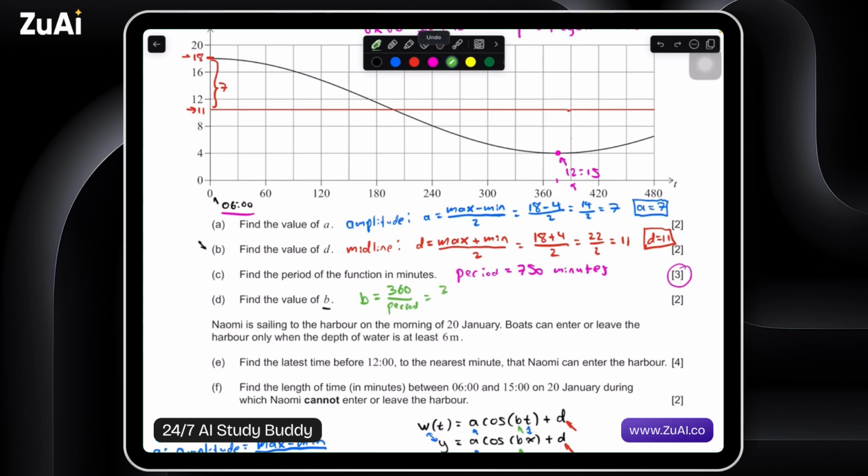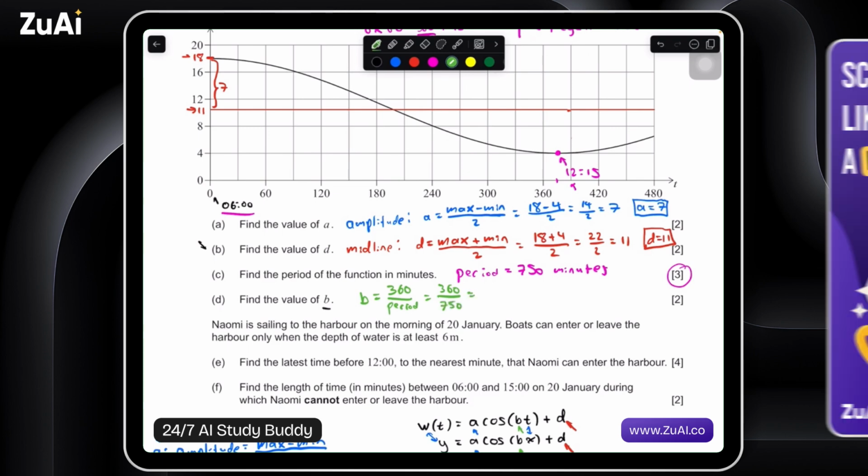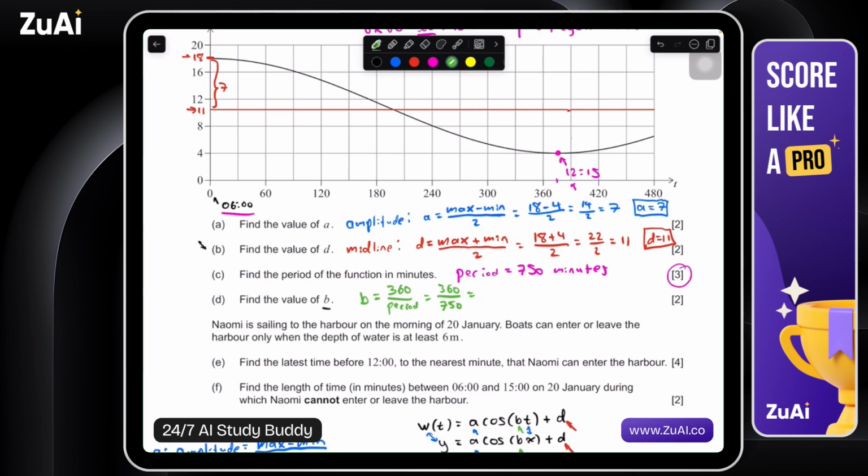So 360 over the time taken for one complete cycle, 750, and I'm going to work that out and we'll get a decimal of 0.48. Okay, so we know that b is equal to 0.48.